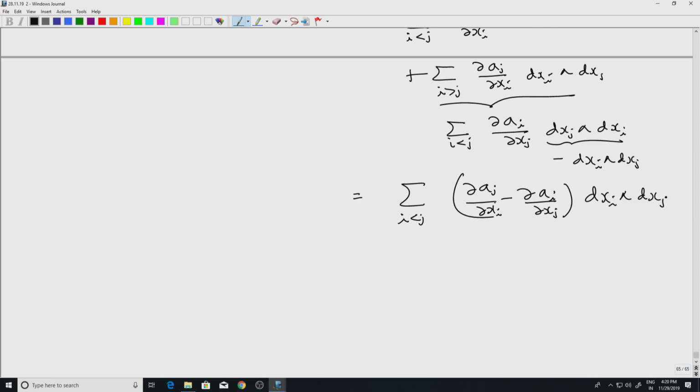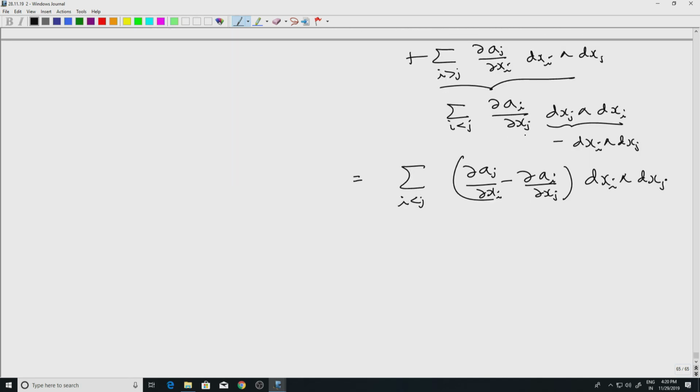Well, that's just an example. And it turns out, interestingly enough, that there's a nice way of writing this without using coordinates.